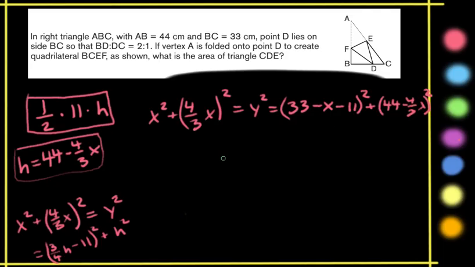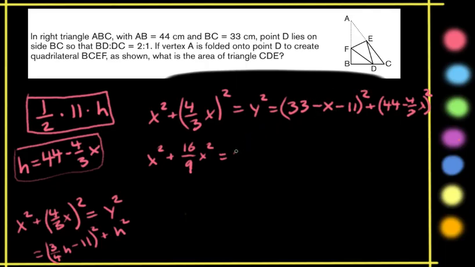Okay. So now I can probably solve this for x because it's going to be a quadratic. So let's give that a shot. All right, so this is going to be x squared plus 16/9 x squared, equal to, all right, this is 22 minus x squared.